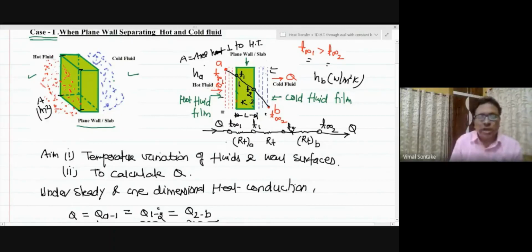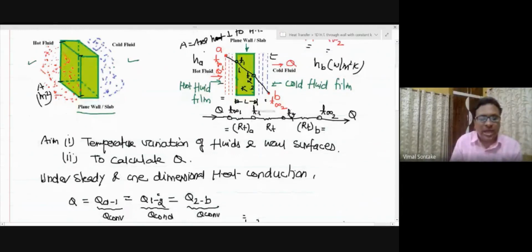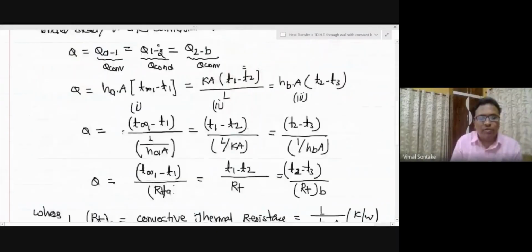So two extra thermal resistances are also coming into the picture, apart from the thermal resistance offered by the slab material. So these two extra resistances, that is RTA by the hot fluid and RTB by the cold fluid, have also been introduced.